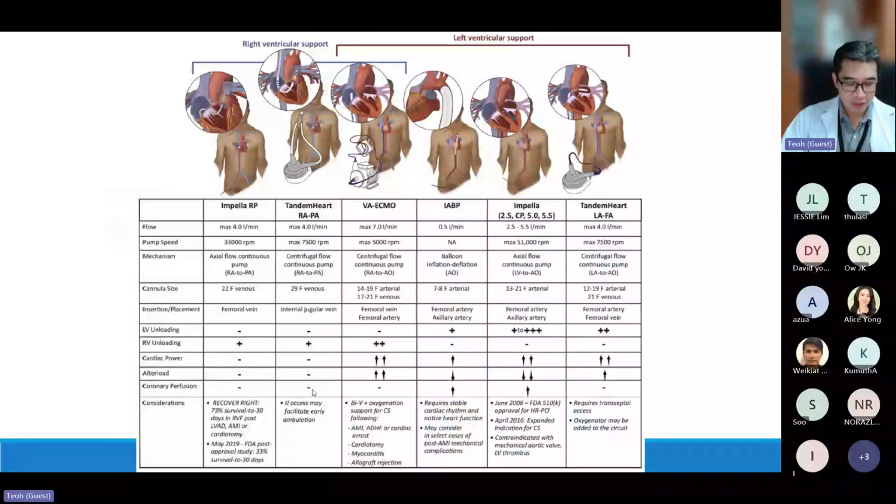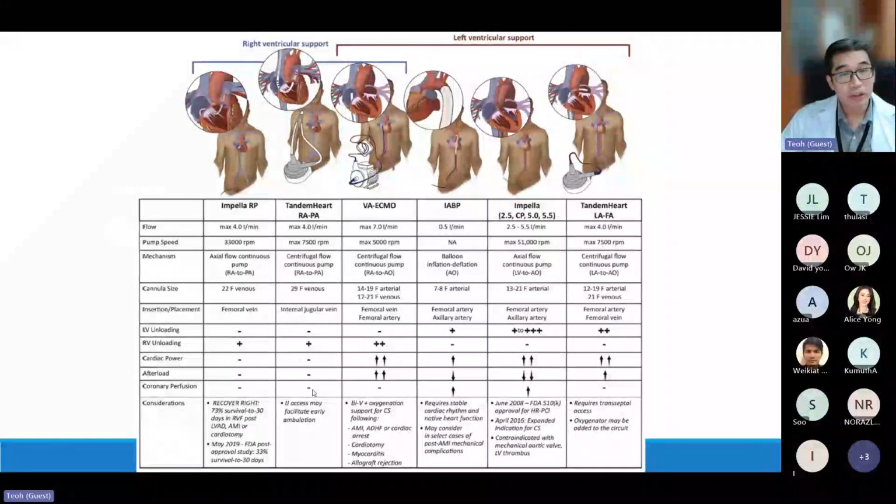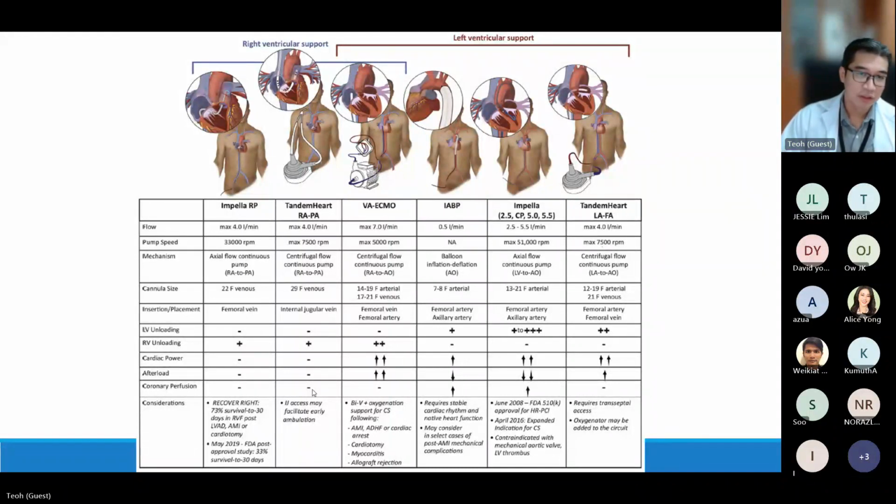And sometimes, even with the vasoactive drugs, the patient is still not improving. For example, after you titrate up to 2 or 3 inotropes, the cardiac index is still very low, then it is time for you to escalate to mechanical support. Another group of patients is where the blood pressure is not bad after you titrate the vasoactive drug.